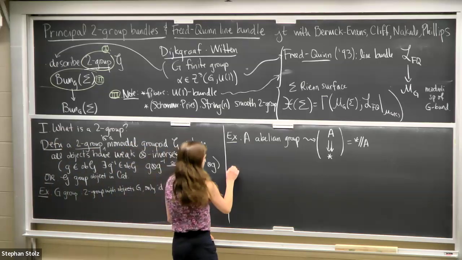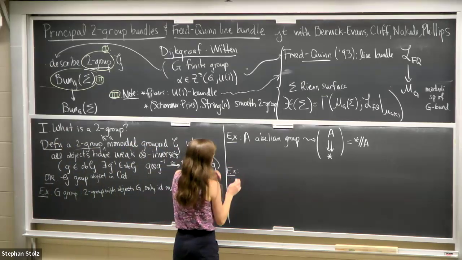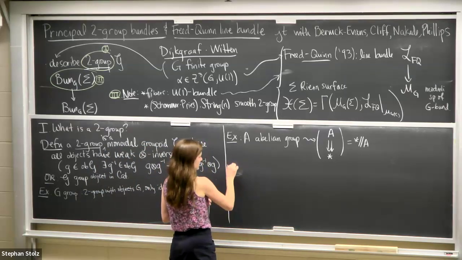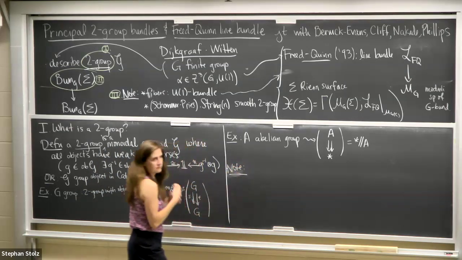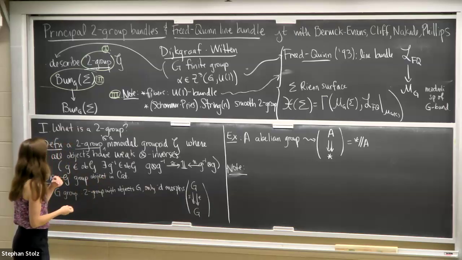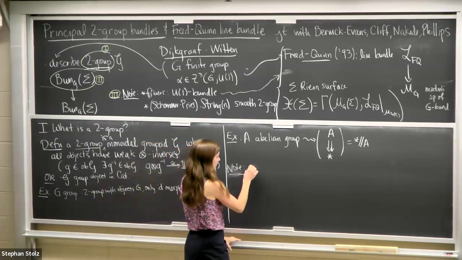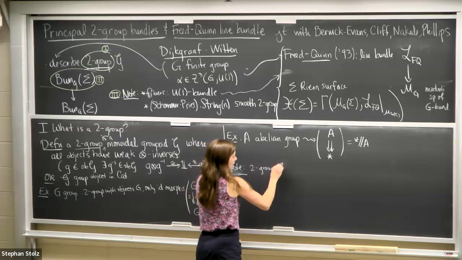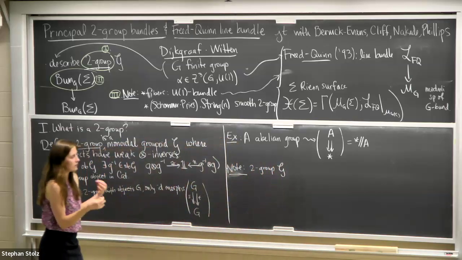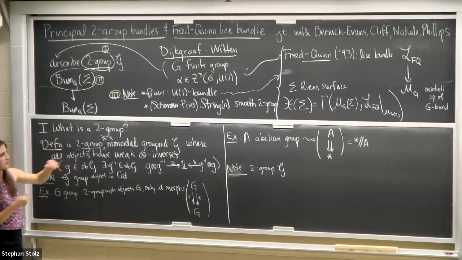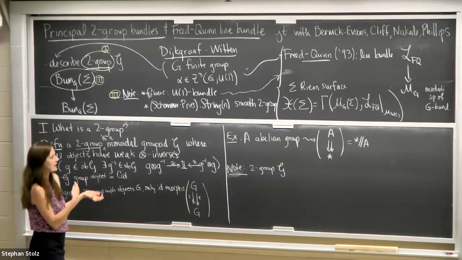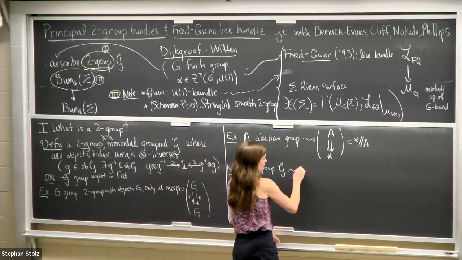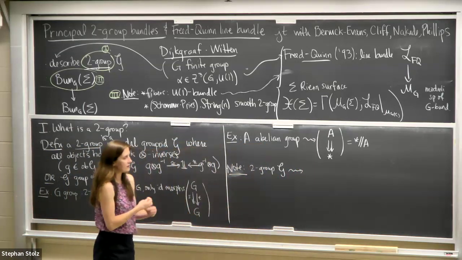Okay, and then the last example, maybe a second example, actually no. I'm going to unify these two perspectives. So let's do the following exercise. Let's start with a 2-group G, this monoidal category where all the objects and morphisms have inverses, and let's extract some ordinary group information from this. Given a 2-group, we can extract the following groups.